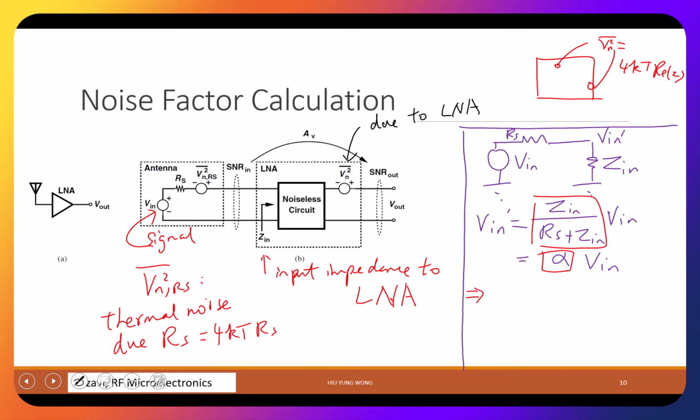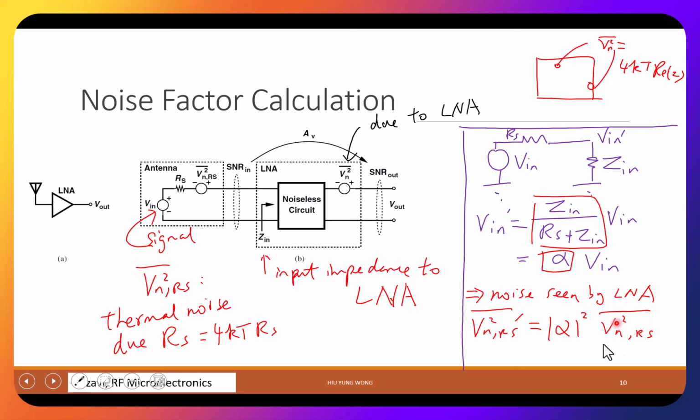So if that is the case, what is the noise that is seen by the LNA? The noise seen by the LNA, I will call it Vn square Rs dash, is just equal to alpha square times Vn square Rs, right?